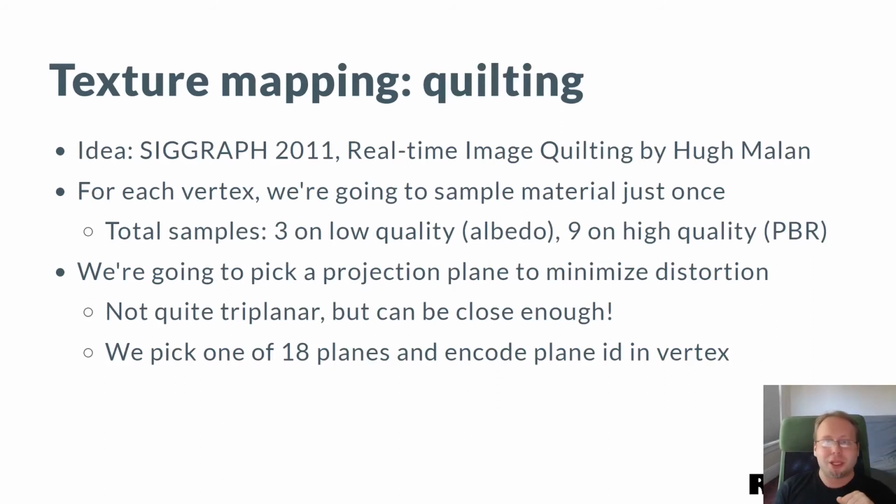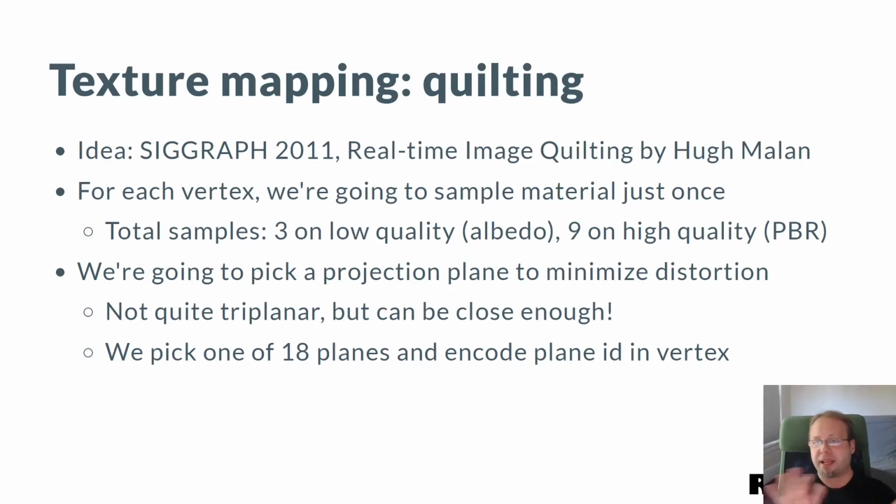Instead, what we do is we use an approach inspired by quilting, by the paper Real-Time Image Quilting from SIGGRAPH 2011. The basic idea there is that you take each vertex and then you look at the incident triangles, and then you project a patch of textures onto that, and then at the center vertex the influence of this patch is maximum, is 1, and then towards the edges the influence goes to 0.